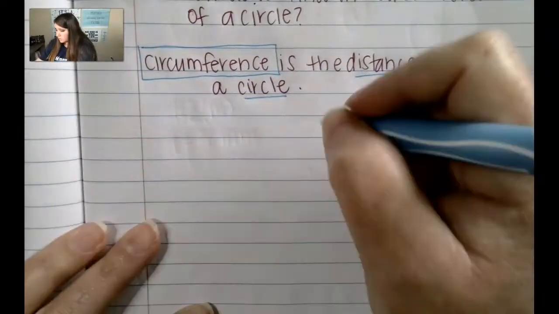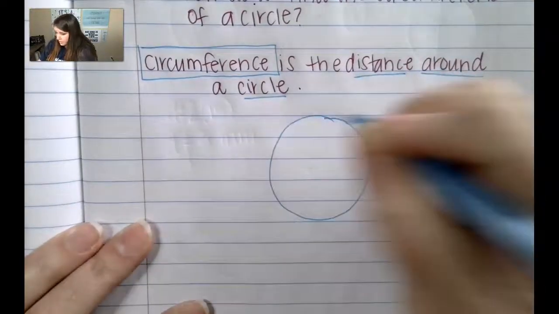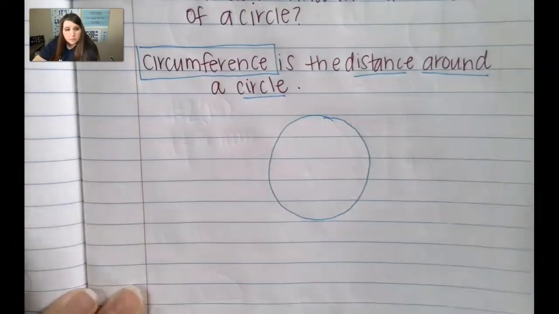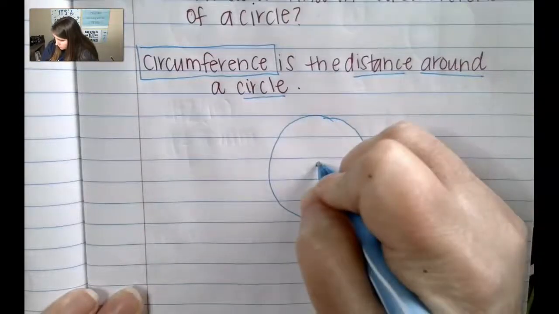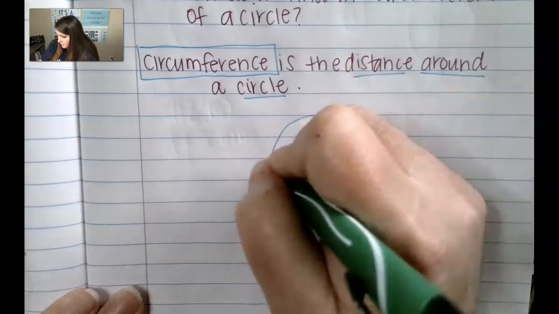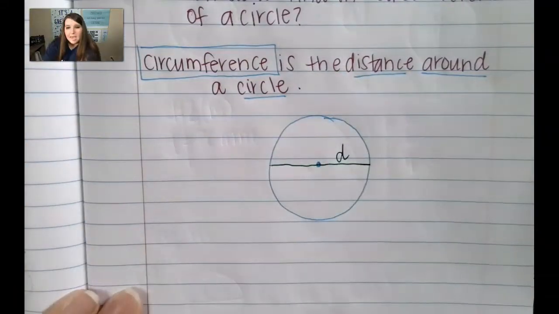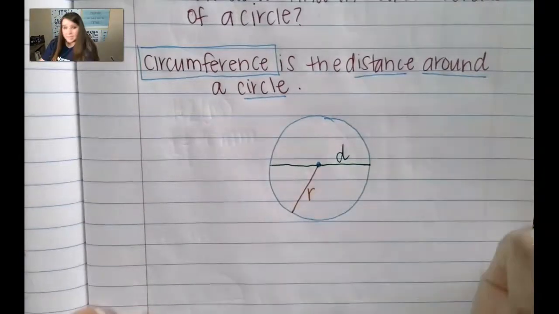So I'm going to draw a circle. And if you remember from our last lesson, let's use a different color. We had, oops, where's my center point? There we go. All right, so we had the diameter, and we had the radius.